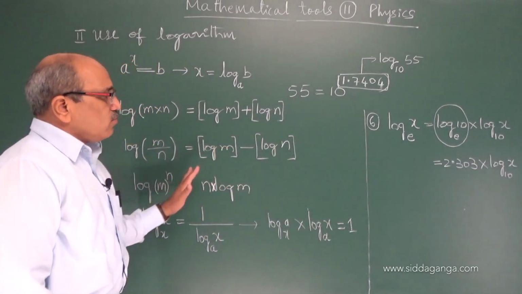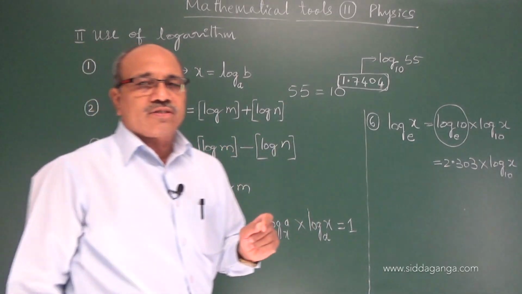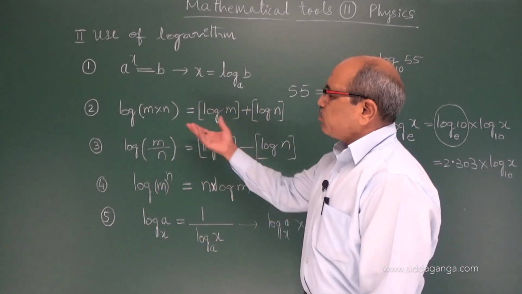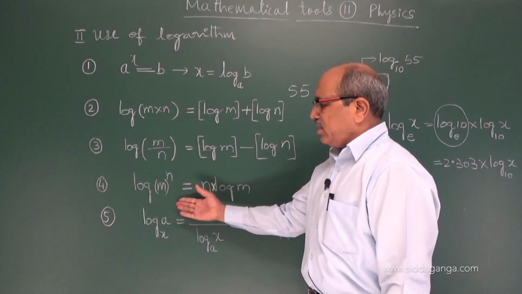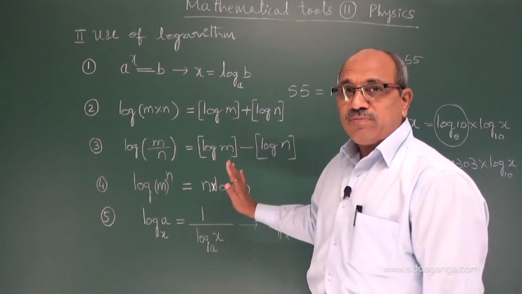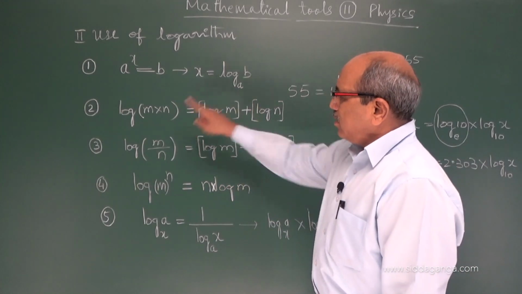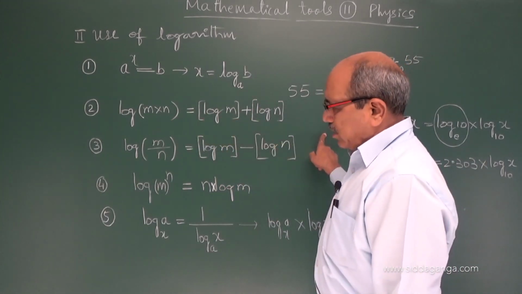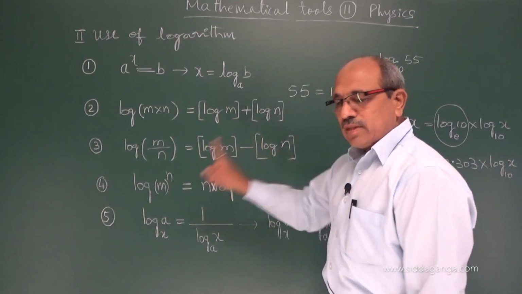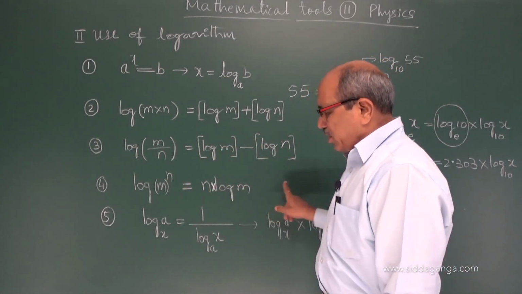These standard formulae we require to get solutions and simplifications for problems involving multiplication, division or finding powers. You must remember these formulae very importantly. Log of m into n is log m plus log n. Log of m by n is log m minus log n. Log of m power n is n into log m.